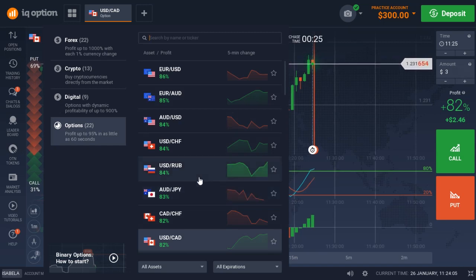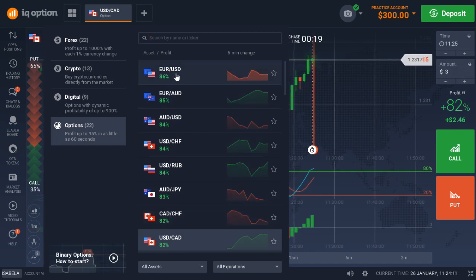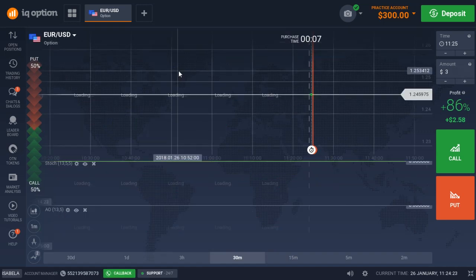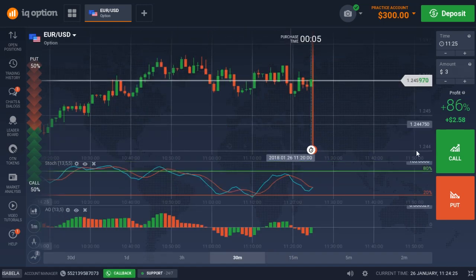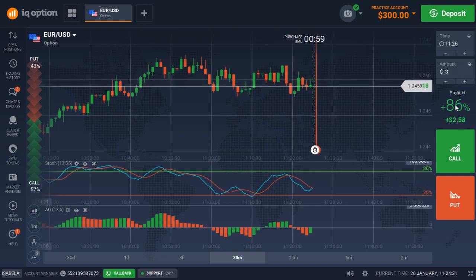Okay, so now what do we do? We go and choose the currency pair with the highest payback, as long as it is one of those currency pairs that I told you. At this moment, the Euro USD, which is my favorite, is the highest, so I'm going to choose it. But be aware that the payback percentage varies during the day.